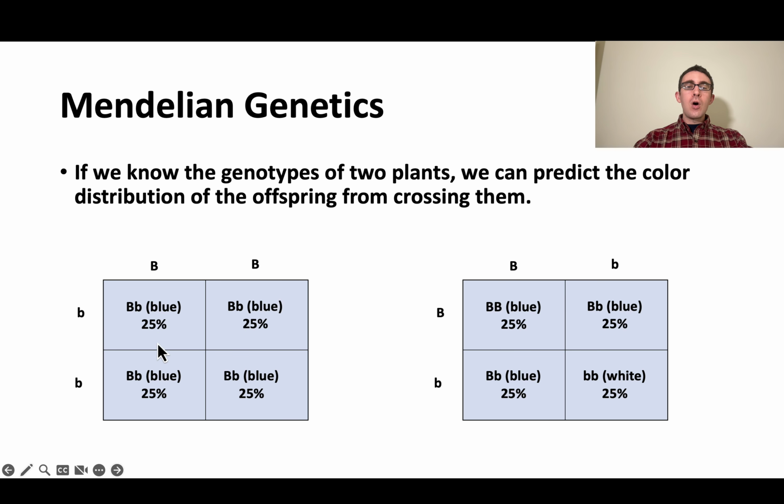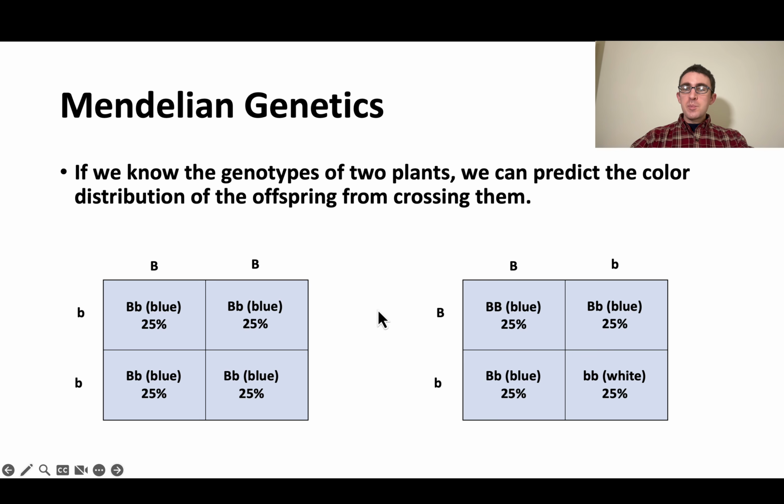So all of the quarters of this table are uppercase B, lowercase b, which corresponds to one allele of each color. Since blue is dominant, they're going to be blue. So if you cross these two flowers, the next generation will be all blue flowers.